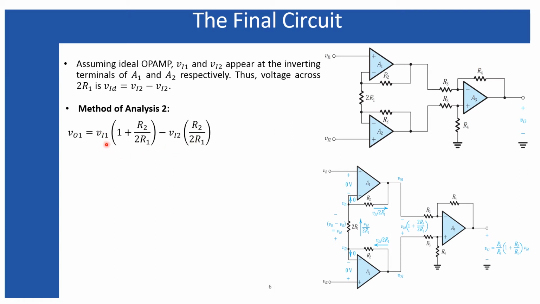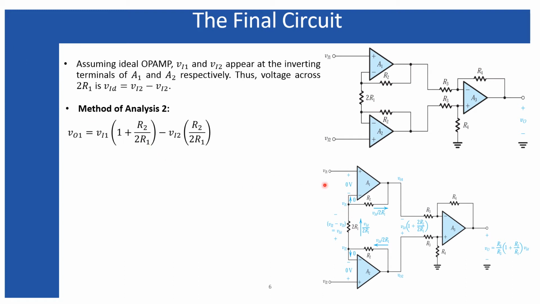Since Vi1 is applied at the non-inverting terminal, we can have the output voltage for Vi1 in this form, R2 divided by 2R1, because R2 is the feedback resistance and 2R1 is connected with this second voltage. As I have explained in my previous lecture, when we need to analyze a general differential amplifier, we need to consider one input voltage at once, while the other input voltage should be grounded.